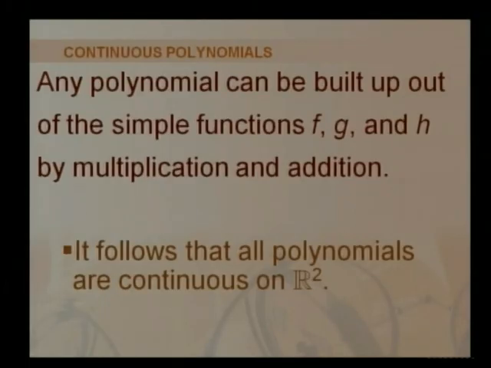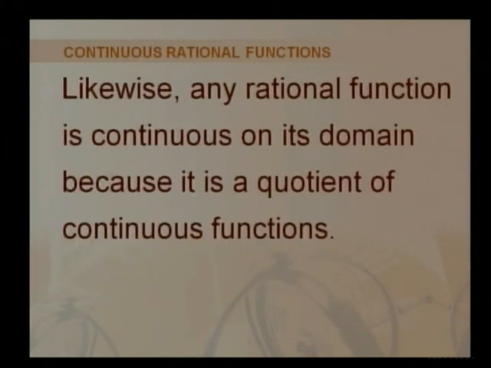Any polynomial can be built up out of the simple functions f, g and h by multiplication and addition. It follows that all polynomials are continuous on R2. Likewise, any rational function is continuous on its domain because it is a quotient of continuous functions.